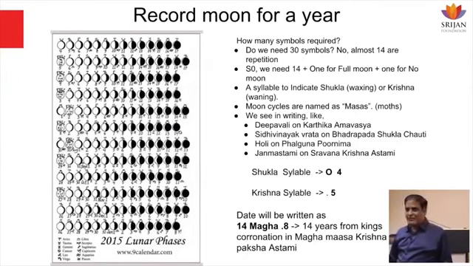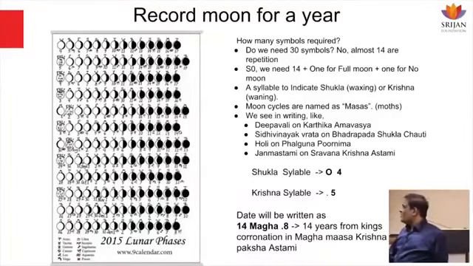The Chauti number is the same, but the differentiator is Shukla. And for example, Deepavali is on Kartika Amavasya. Kartika denotes the month, Amavasya denotes the no moon day. So how did these people go about it? You just look at it, see how the full moon is. The full moon is this, and then the Krishna symbol is a dot, they have just used it. So how do you write it?